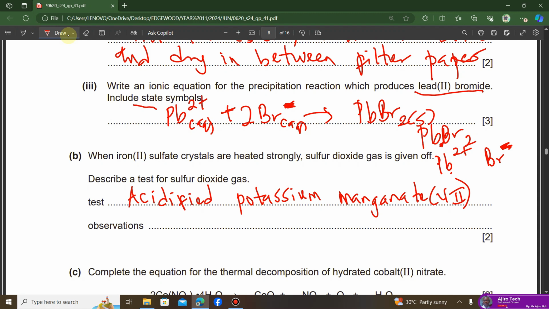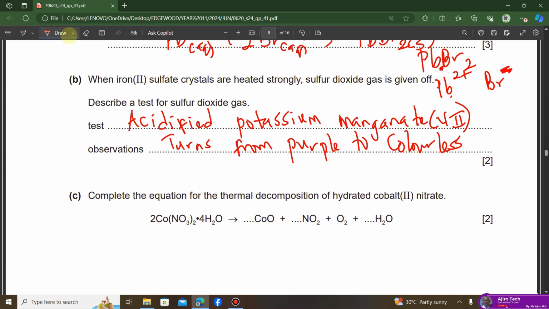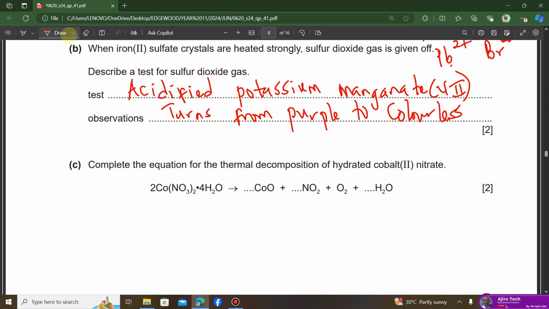And when you use acidified potassium manganate 7, it turns from purple to colorless. So that is the observation to test for sulfur dioxide. So you need to review some knowledge from paper 6 for this, experimental techniques precisely.